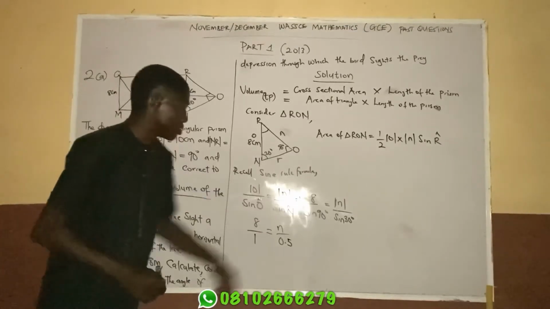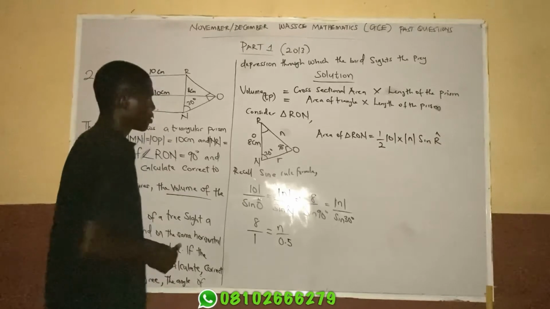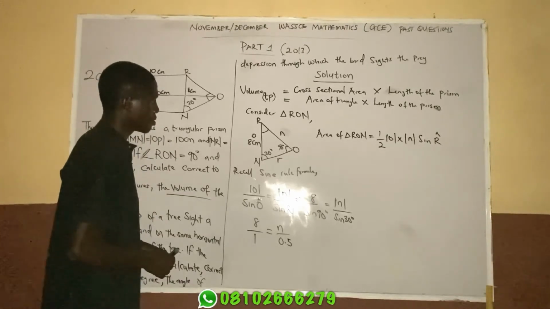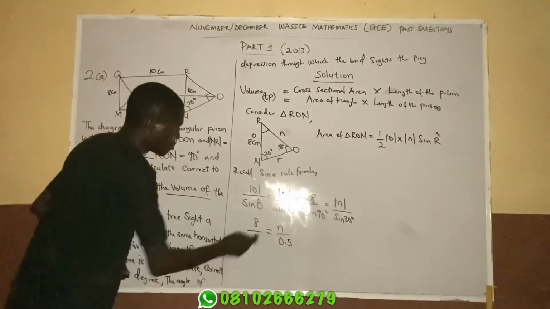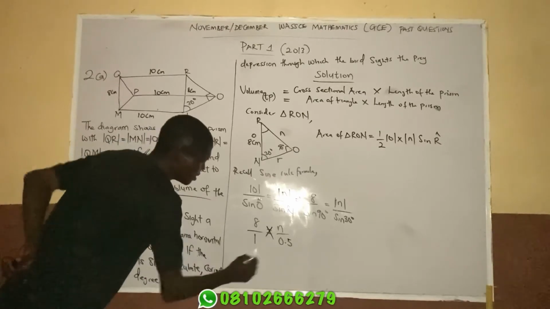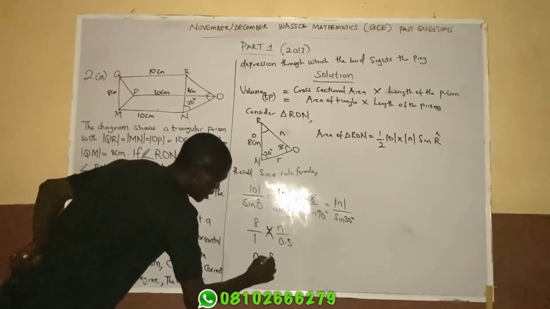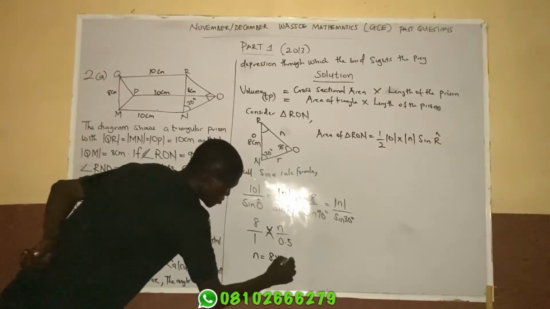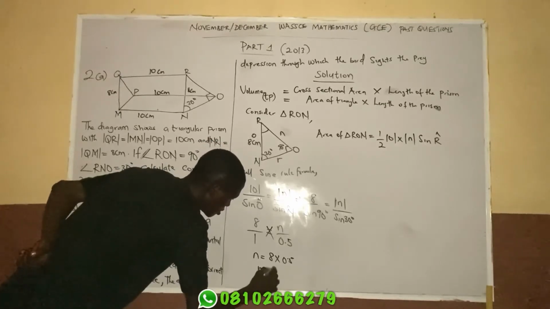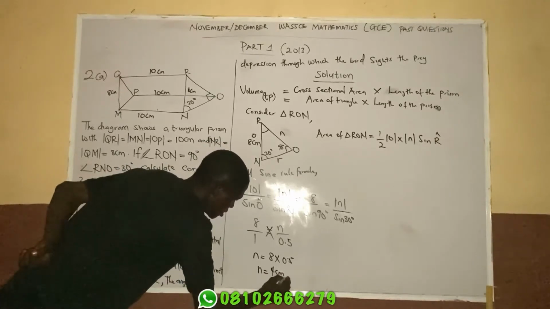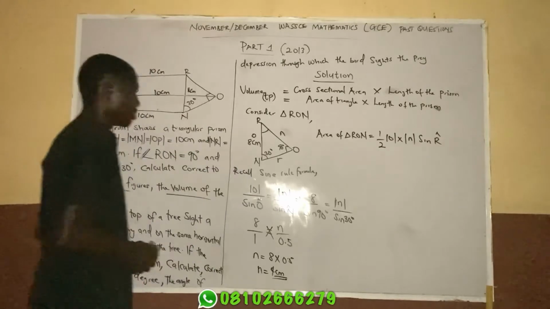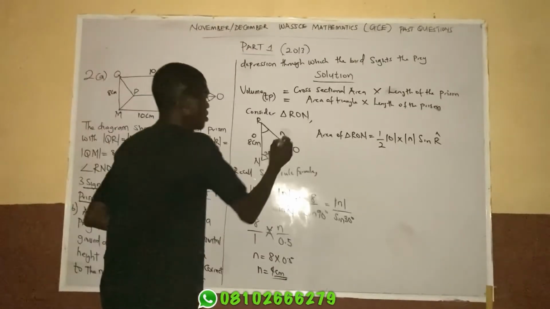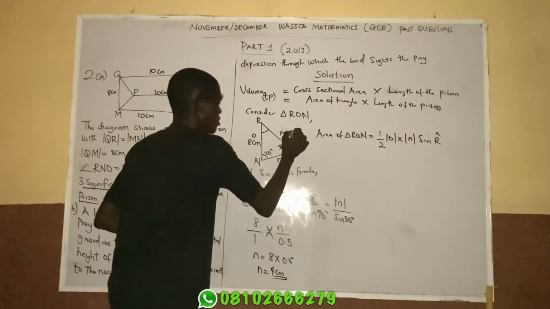Sine 90 is 1, and sine 30 is 0.5. So from here, cross multiply to have N equal to 8 times 0.5. N is equal to 4 centimeters.